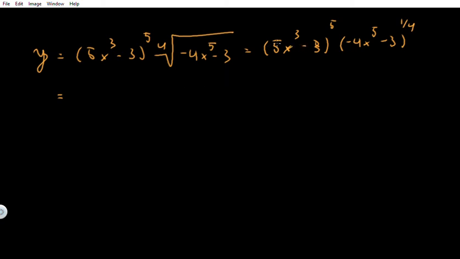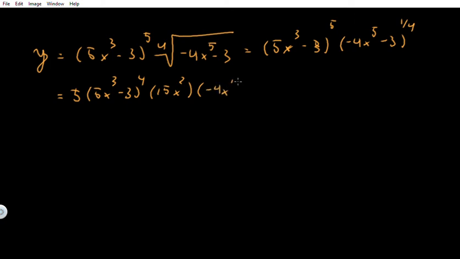So to do this, I take the derivative of the first function, which would be 5 times 5x cubed, I'm bringing down that 5, right? Minus 3 to the fourth power times the derivative of the inside function, 15x squared, multiplied by the second, right?